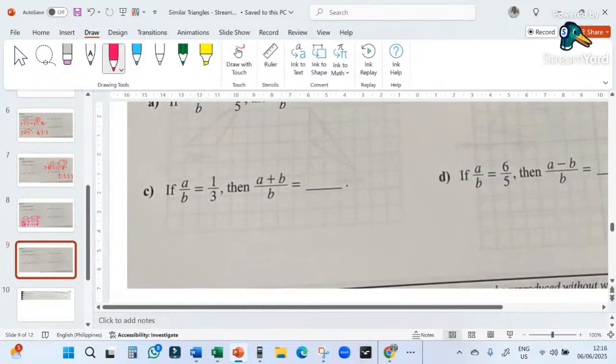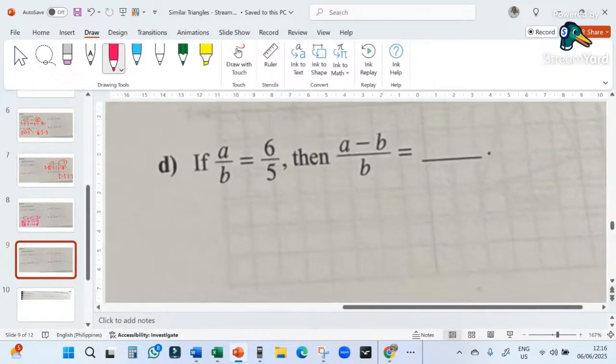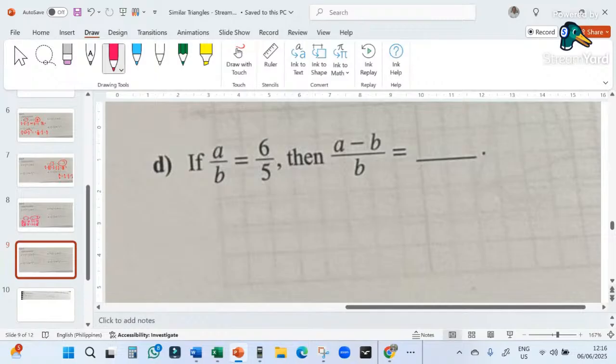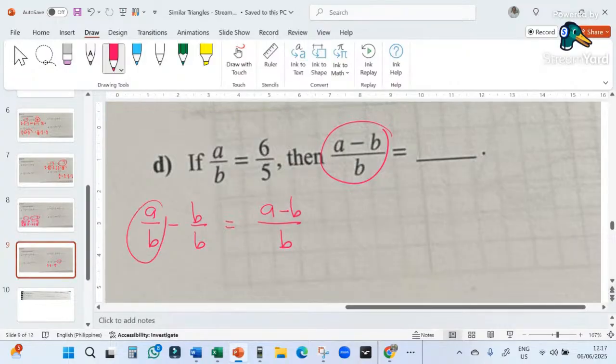Oh, we have letter D this time. For letter D, we'll be using the same approach. We have to separate this one. So that is A over B minus B over B is equal to A minus B over B. But what is A over B? It is 6 over 5. So I write here 6 over 5.